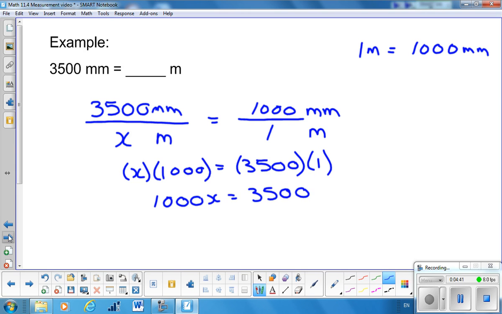I want to solve this equation for x, so the next step is to divide by 1,000. When I divide 1,000x by 1,000, I'm just left with x equals 3.5 meters.